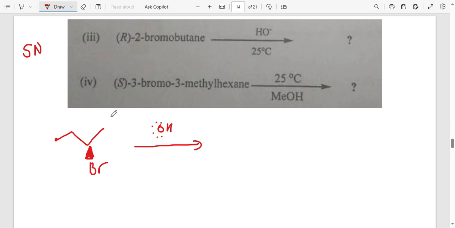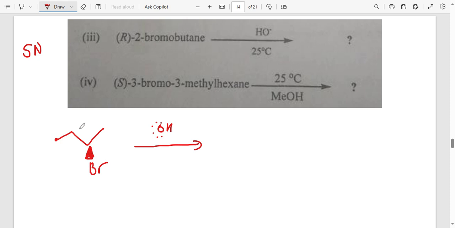But look at this. We are using hydroxide. Anyway, they've not given us a solution. We're using hydroxide, so there is also a chance of the reaction going not just by SN2 but also by SN1.